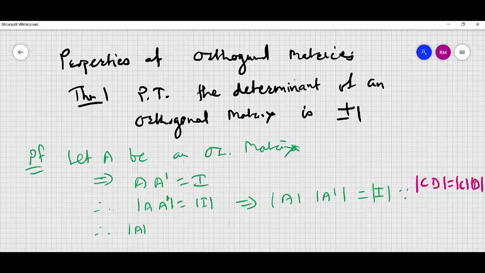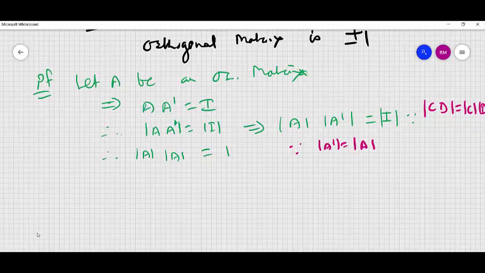we get determinant of A into, here first of all right hand side, determinant of I, that is always 1, and determinant of A dash, that is determinant of A, because determinant of A dash equal to determinant of A. We know the property of determinant. So we get determinant of A into determinant of A equal to 1.